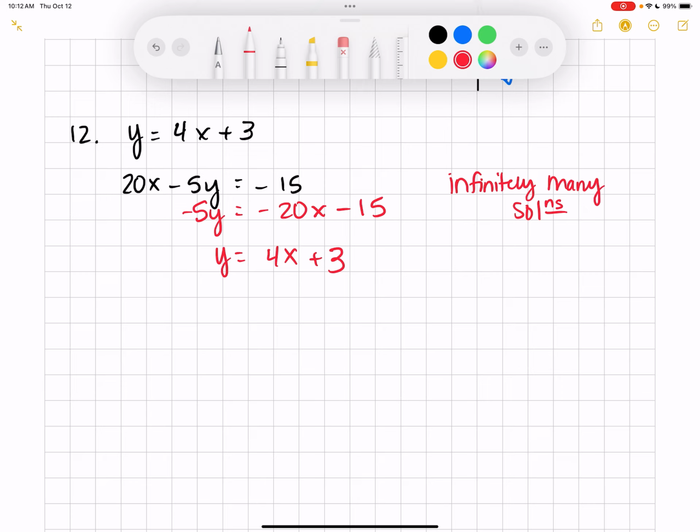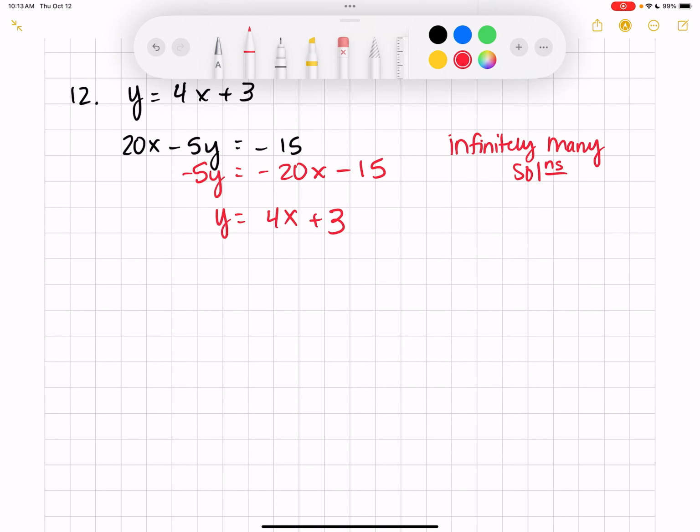All right. The next problems say to solve the system, then classify the system as consistent, independent, consistent and dependent, or inconsistent. So number 18: 2x minus y equals 4, and x minus 2y equals negative 1.